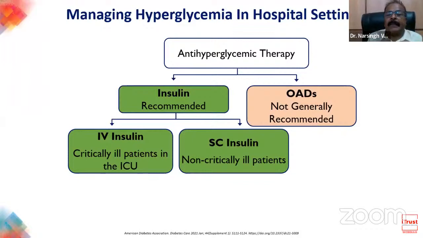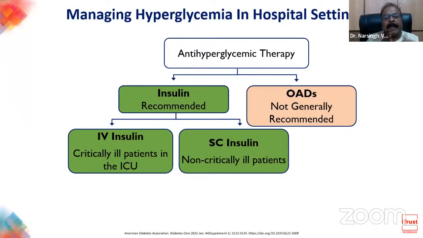Managing hyperglycemia in hospital setting, that is the topic of the day. And here, among the anti-hyperglycemic therapies which are used, definitely insulin is on top, and the OADs are not generally recommended, because in hospital setup, when patients are in the hospital, insulin is the better choice, because we have to reduce glycemic variability.